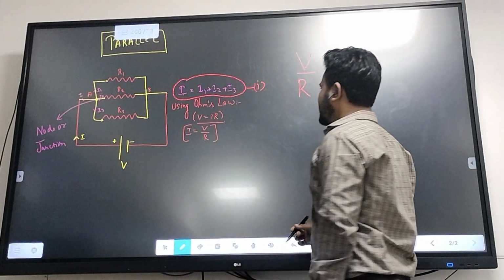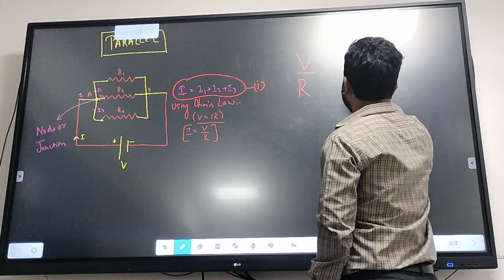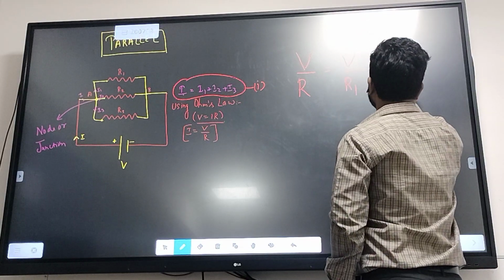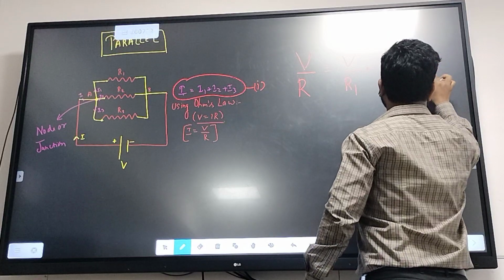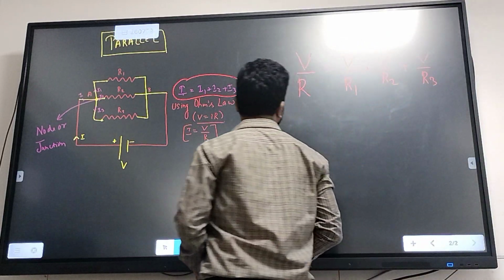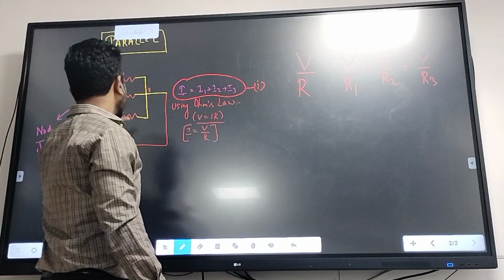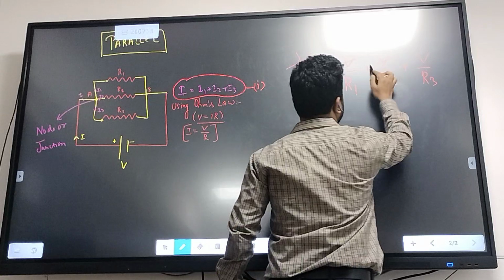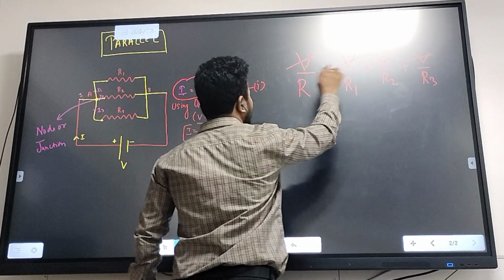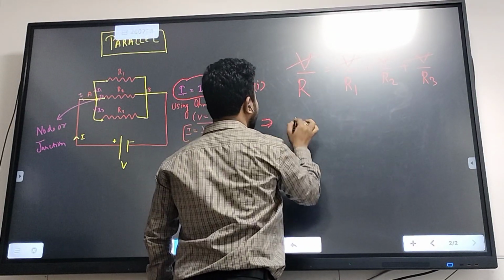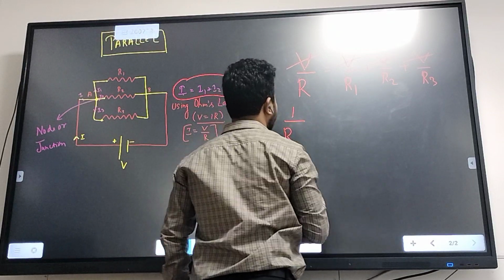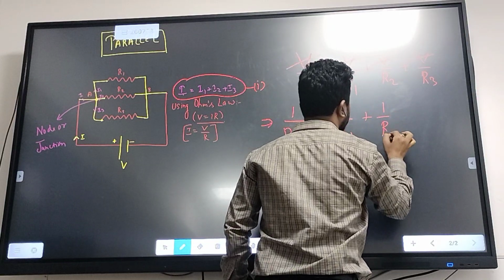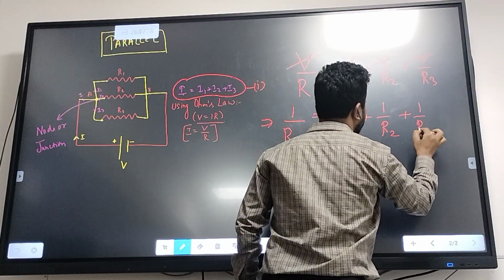So I1 will be V upon R1, I2 will be V upon R2, and I3 will be V upon R3. Since the potential difference across all three resistors is the same, we can cancel out the V. So finally we come to the equation: 1 upon R equals 1 upon R1 plus 1 upon R2 plus 1 upon R3.